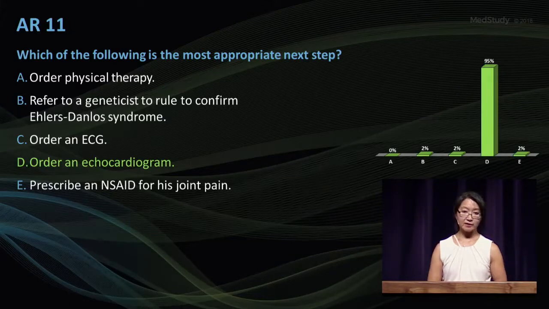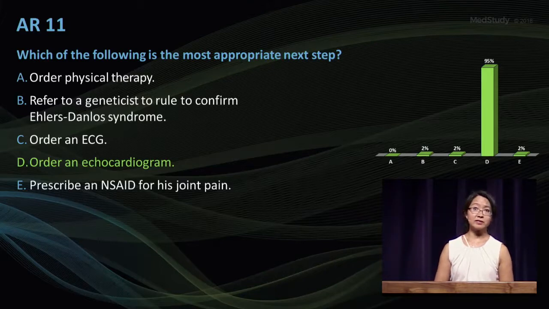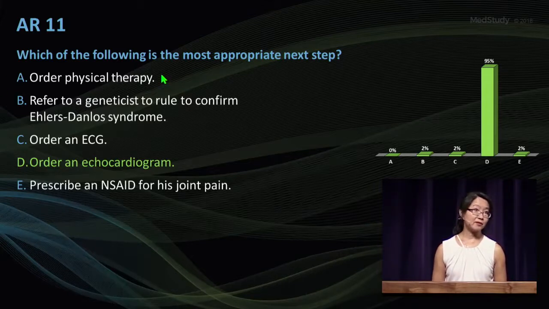Great. You would order an echocardiogram because you heard that 2 out of 6 diastolic murmur, because this patient probably has Marfan's. Yes, you can order physical therapy for him, but that's not going to change his life. Ordering an echo and detecting aortic insufficiency may change his life because it could be repaired, and he's at risk for sudden death.